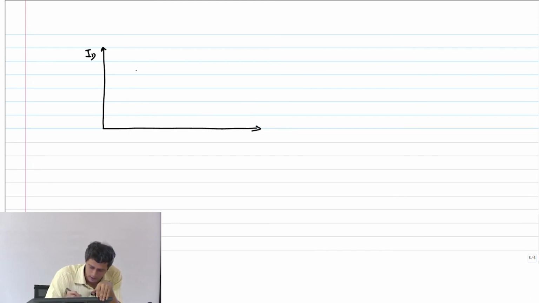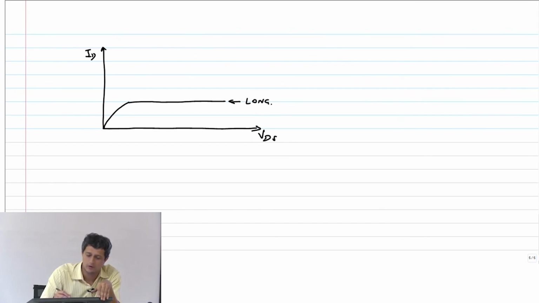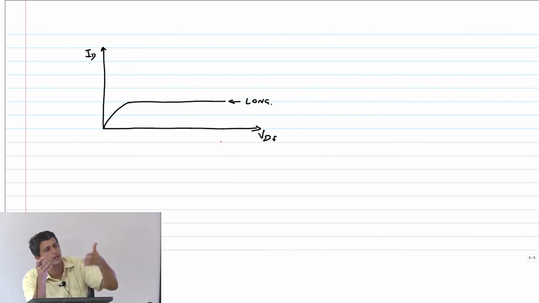So ID versus VDS, the current was basically like this, right? This is long channel. What will happen to a short channel? It will go up slightly as VDS goes up, because now the depletion region is going farther into the channel, therefore you have delta L, therefore you have more current.